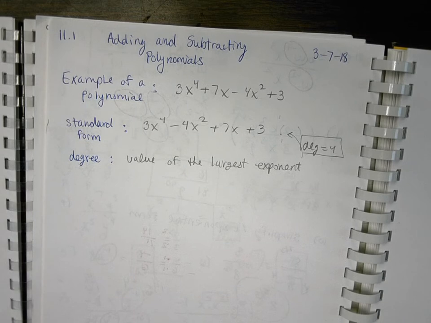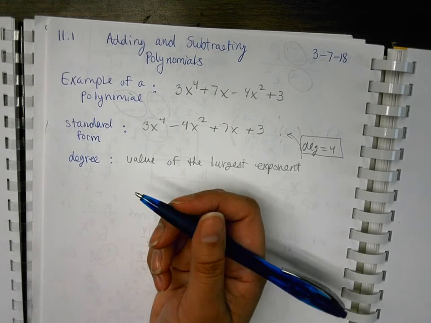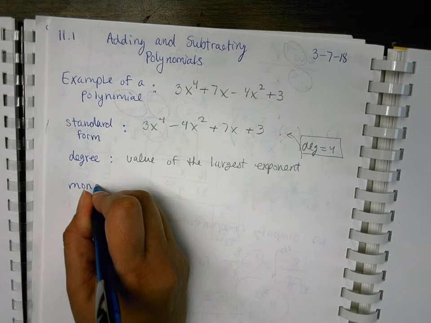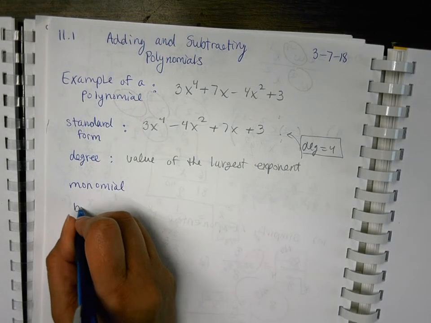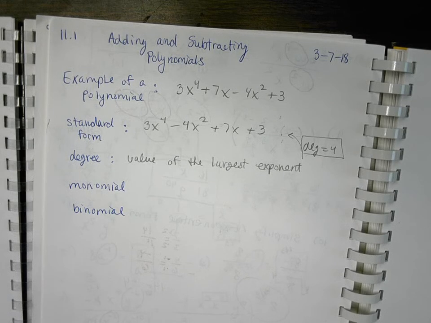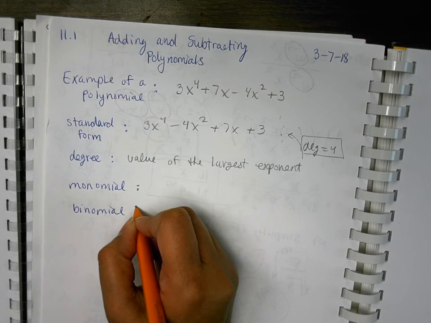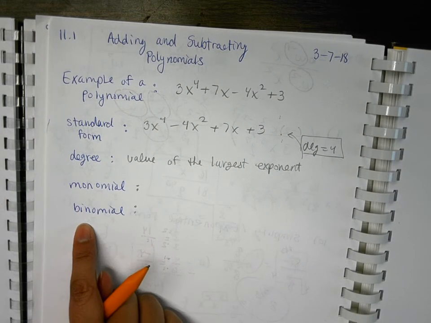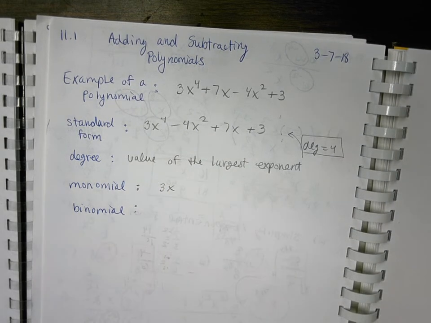All right. Now, we're going to talk about monomials, binomials, trinomials, and so forth. A monomial versus a binomial. Have you guys heard these words before? Mono means one term. Bi means 2. So 3x would be an example of a monomial.